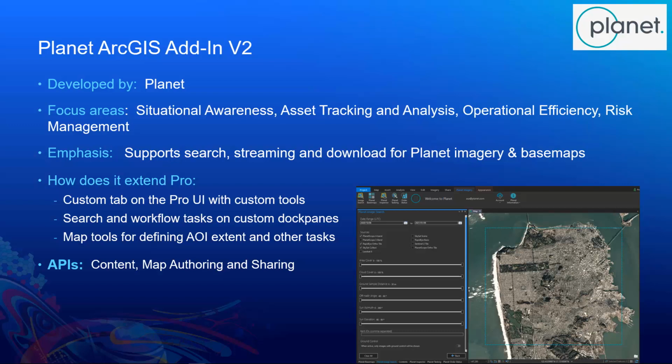Like the add-in you just saw, they've extended a tab on the Pro user interface with their custom tools. They have an image search doc pane here, which allows users to search and build in workflow tasks with these custom doc panes. And they have map tools for defining the area of extent and other tasks. And some of the APIs that they've taken advantage of here are content, map authoring, and sharing.